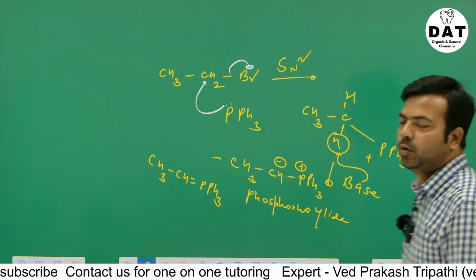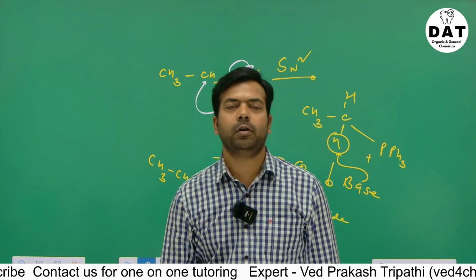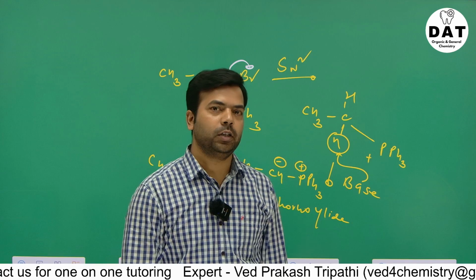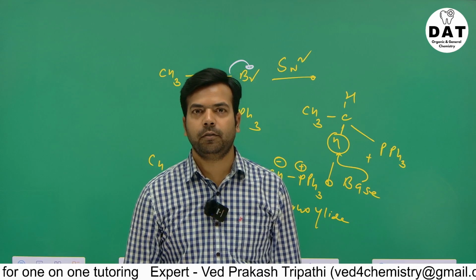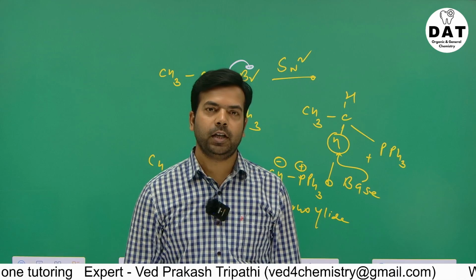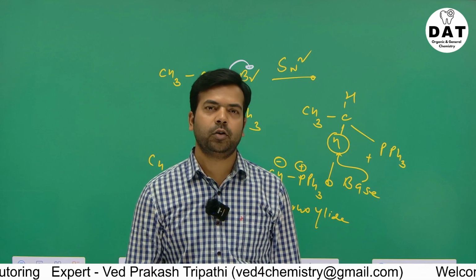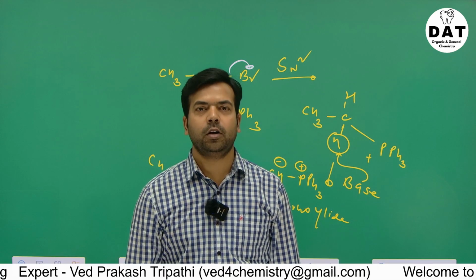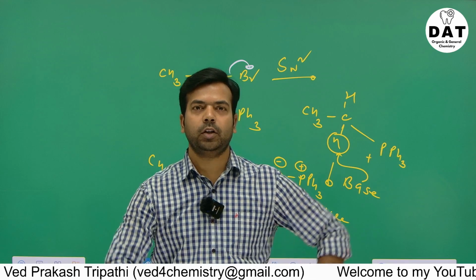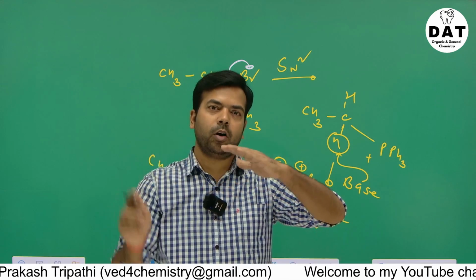So this is all about the carbonyl reaction, in which we have covered most of the reactions of aldehyde and ketone. So what we have done today, we have done the structure of carbonyl, like sp2 hybridized, oxygen is more electronegative, so the CO bond is a polar bond. And then we have done the nucleophilic addition reaction, and I told you that the nucleophile is going to attack either top or bottom.